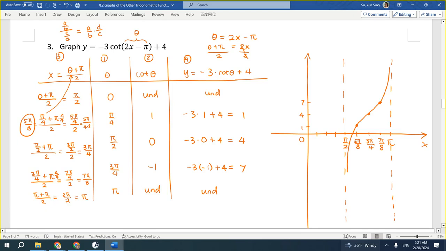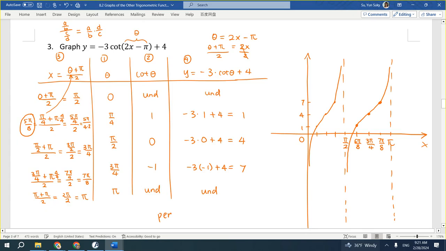The 7. Yeah? And here will be the 4. And here will be the 1. So 7, 4, 1, and you connect them. So this is another period. Is that clear, everybody?